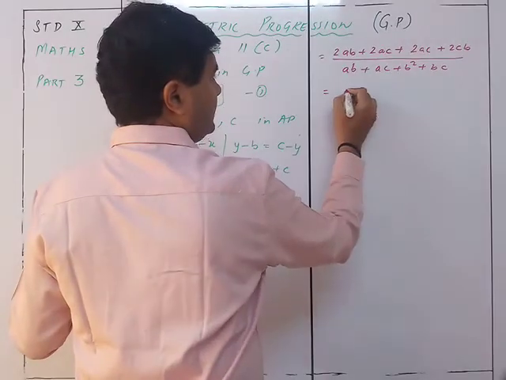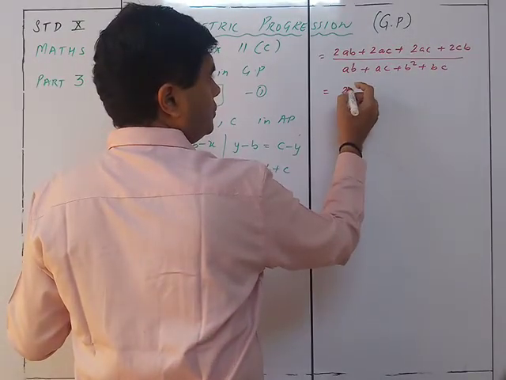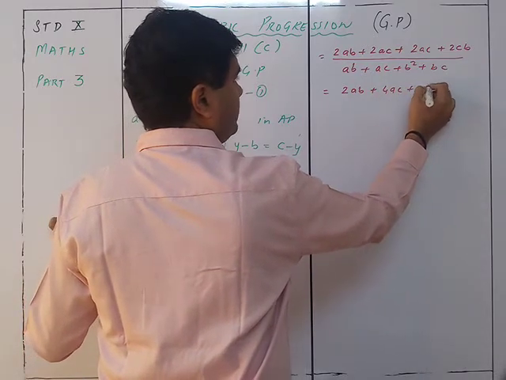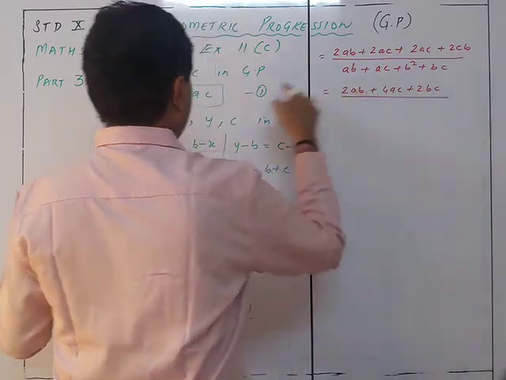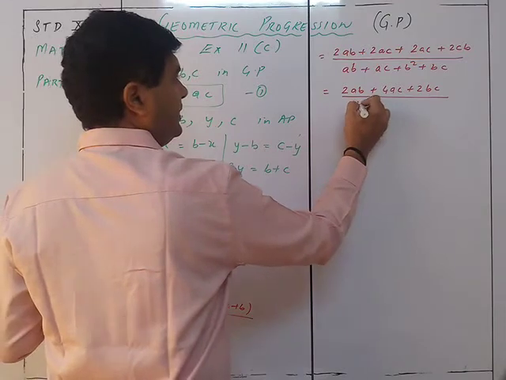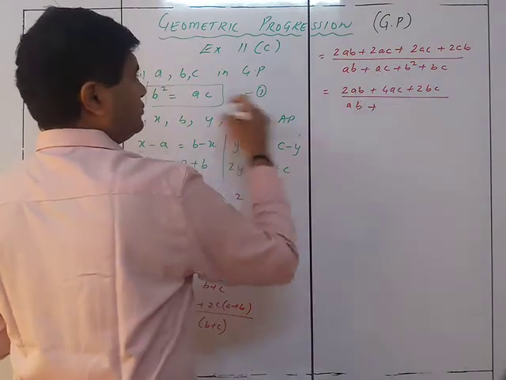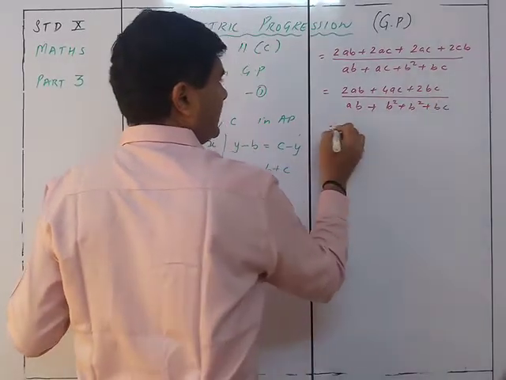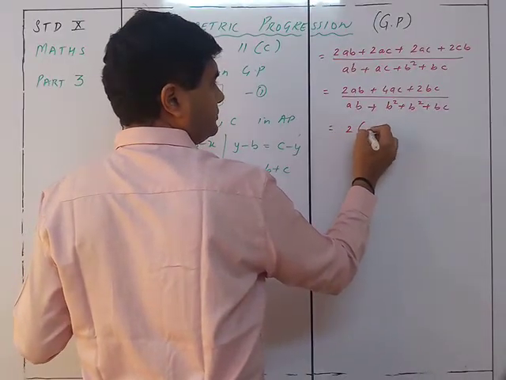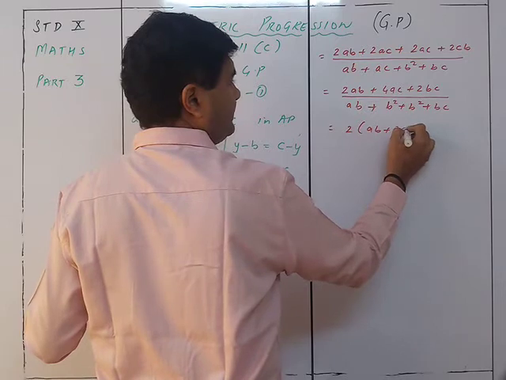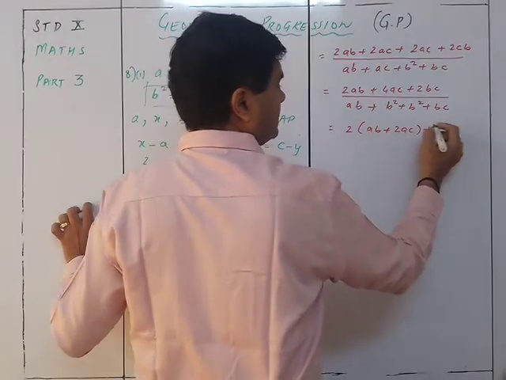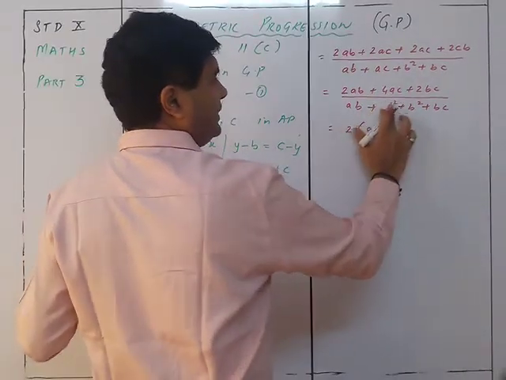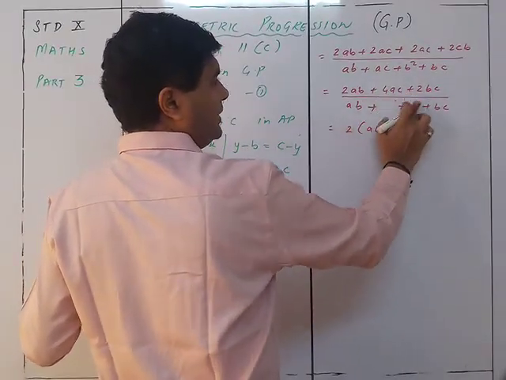Now we are going to take the common thing. So 2AB plus 4AC plus 2BC upon AB is remaining as AB. AC becomes B square plus BC. That is nothing but 2 common. AB plus 2AC plus, we'll do one thing here, because AC is required, so we'll keep this as AC.